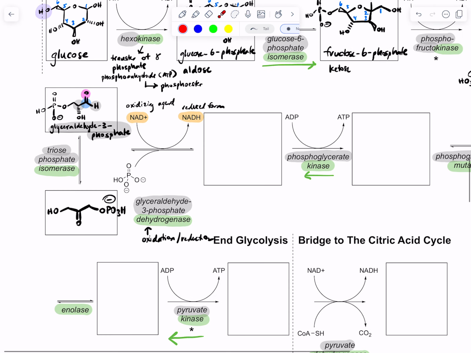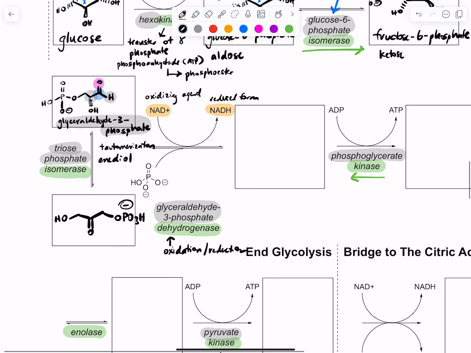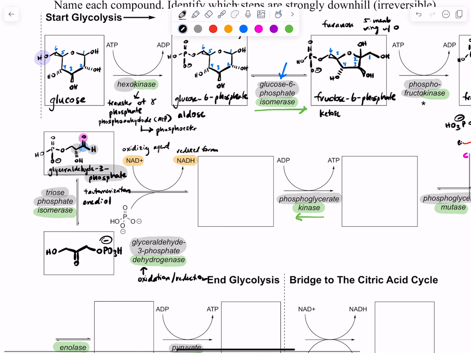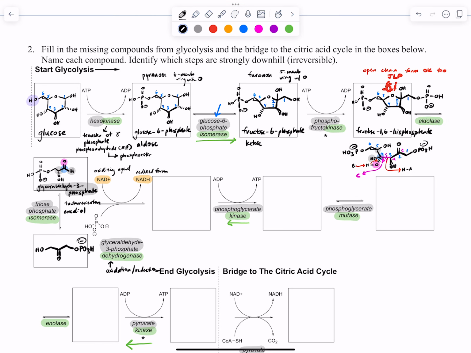And somebody asked what happens to that, and the answer is it gets converted to glyceraldehyde 3-phosphate, and the mechanism for that is, as you recall, tautomerization through an ene-diol intermediate that we talked about. 2 tautomerization steps. Okay, so everything from this point on happens twice in the cycle because we end up with 2 molecules of glyceraldehyde 3-phosphate.